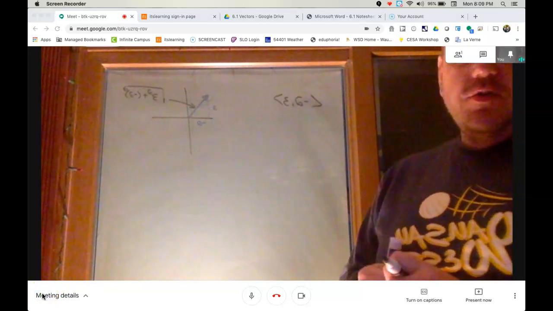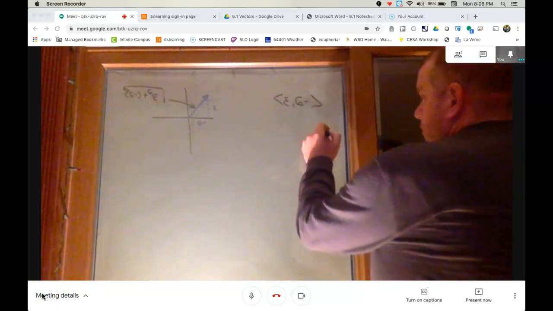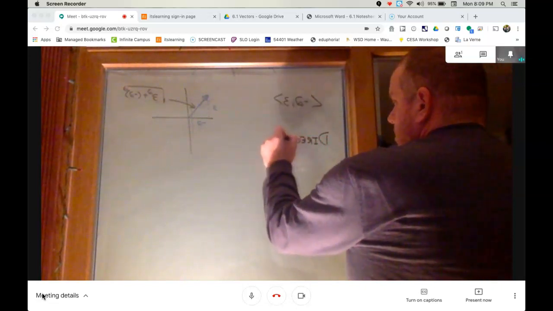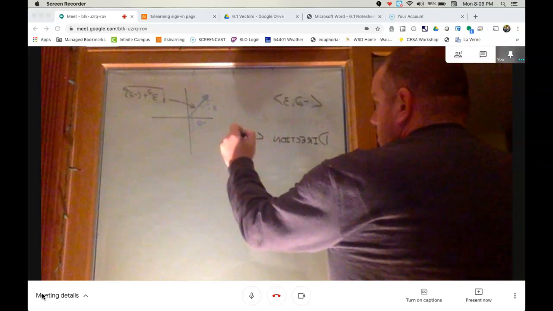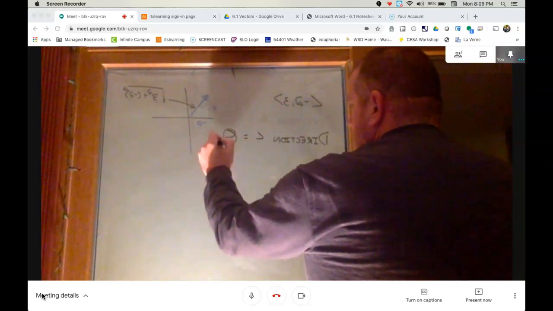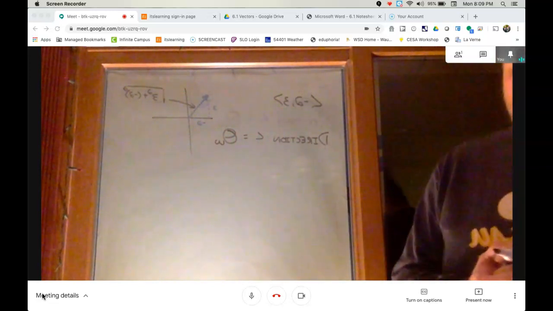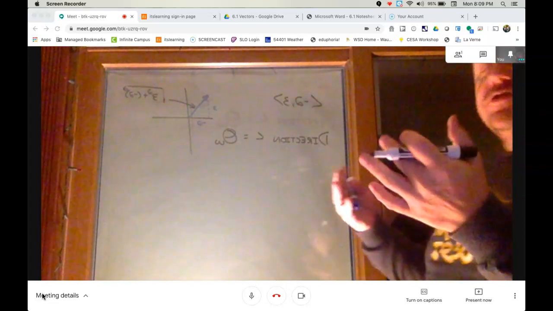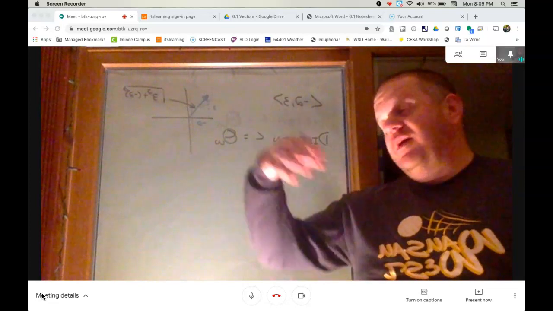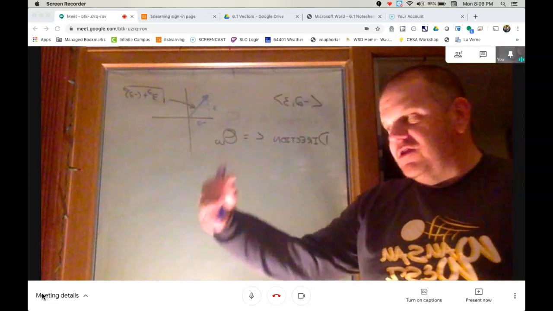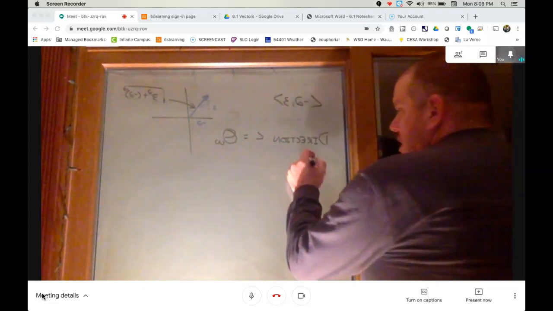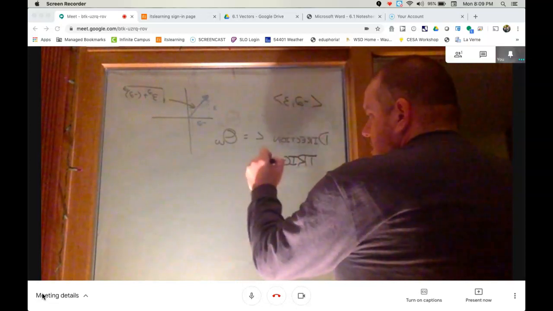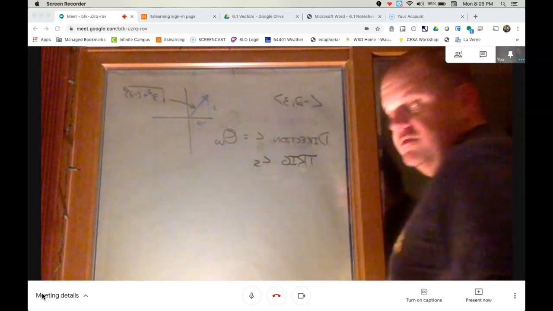Now we need to find the direction angle for that same vector, or in this case, we're going to call it theta of W. Well, just to confuse you even more, because we just got done with navigation, direction angles are back to trig angles.